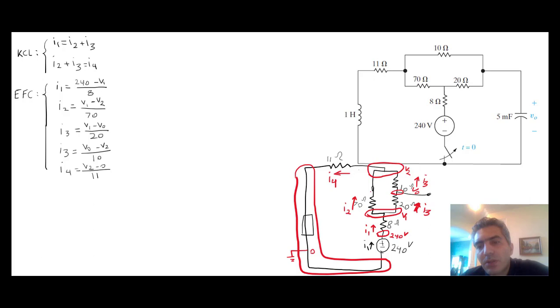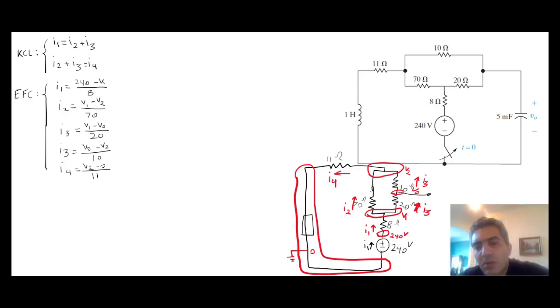The other thing that you can do is use circuit analysis tricks to simplify this analysis and maybe get to the solution faster. So what do I mean by that? If you're looking at the current coming out of the 240 volts, you can look at the equivalent resistance that you see looking into this whole branch.